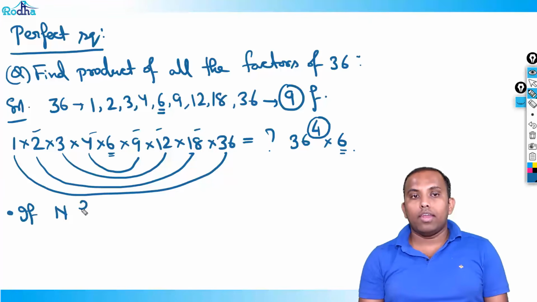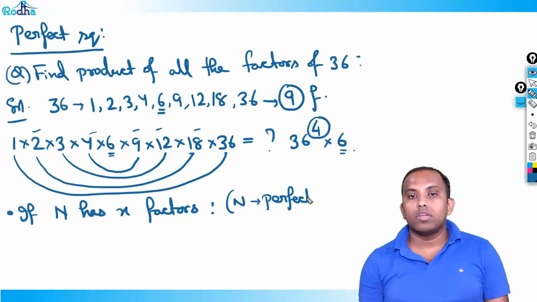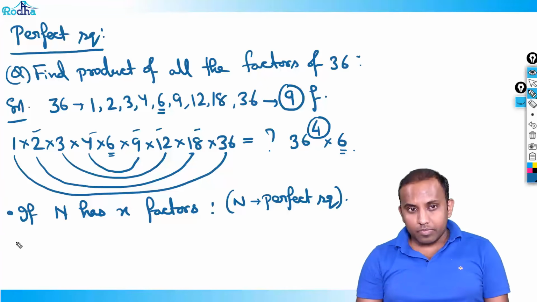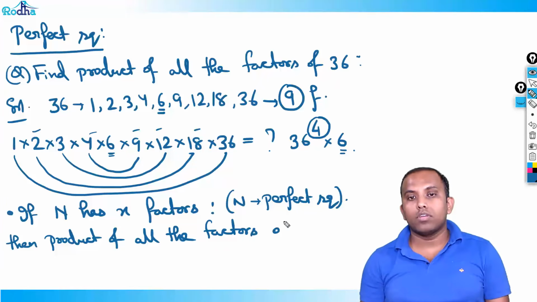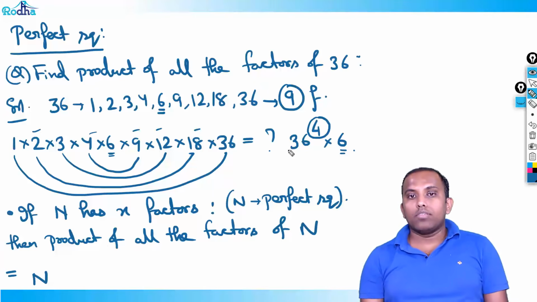If n has x factors and n being a perfect square, then the product of all the factors of n is equal to, now see here, n raised to, what is this raised to 4 here?